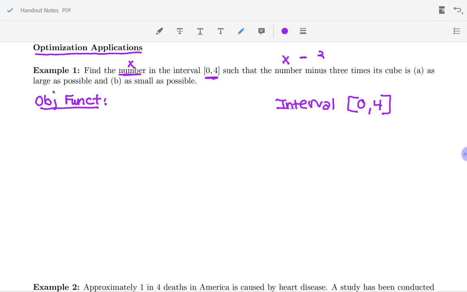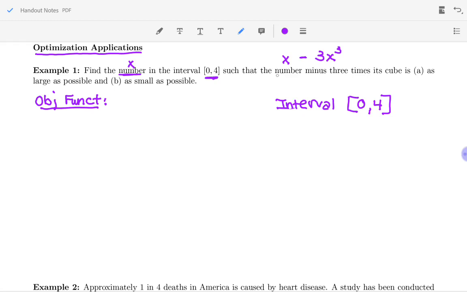So I need a 3 times that number's cube. What power is a cube? It's the third power. If it said number plus its square root, I would do x plus the square root of x. If it said that number plus 5 times its square, I'd do x plus 5x squared.